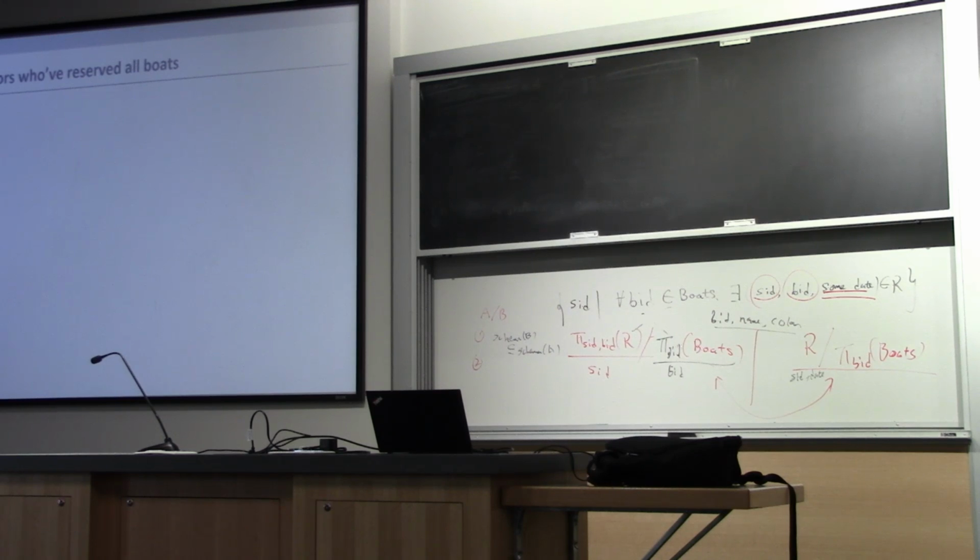The output schema doesn't even have boat ID in it. You get the information about all the sailors who have reservations on a date? No. To do that, all you need to do is do a projection of sailor ID and date from reserve. That's it. Right? Why would you bother to do a division?